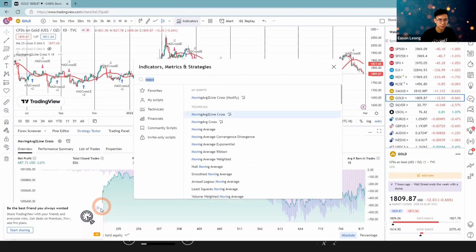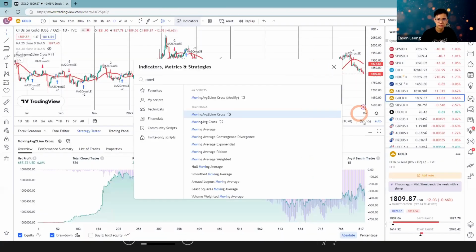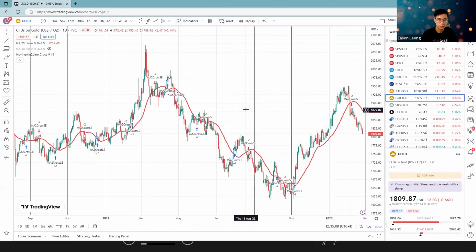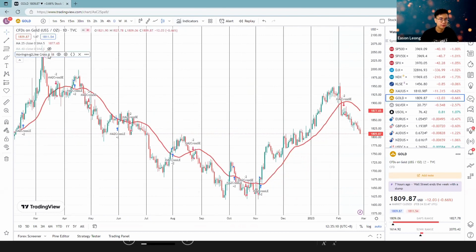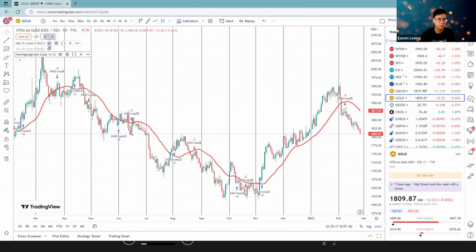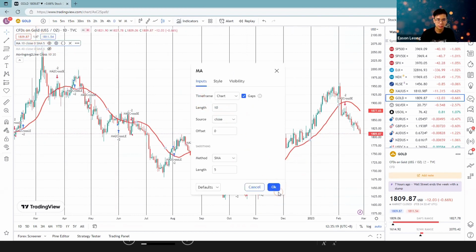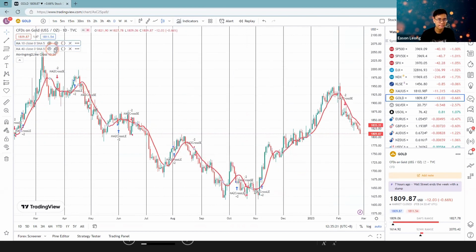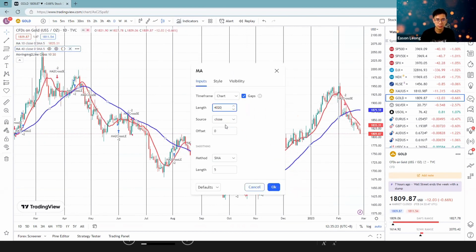Moving average 2 line cross. Now over here it is using by default 9 and 18, right? Just let's put it to be 10 and 20 first. Moving average of 10 and then 20.